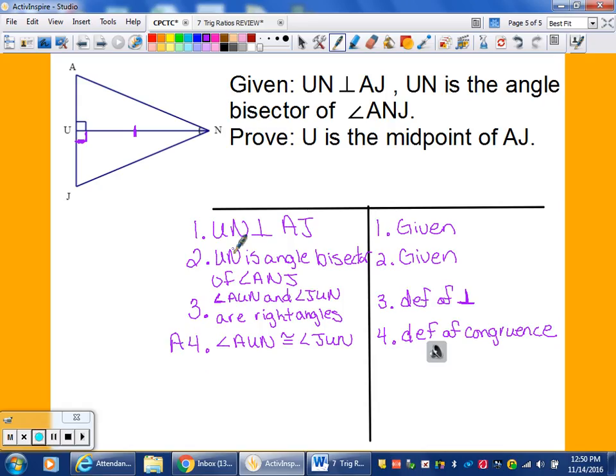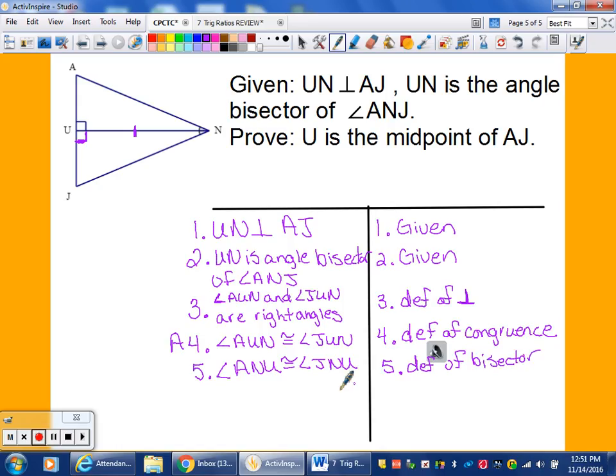Now, go to the second given. UN is an angle bisector of angle ANJ. What does that do? It cuts that angle into two equal angles, right? So from that, I can say angle ANU is congruent to angle JNU. And my reasoning for that is definition of bisector.